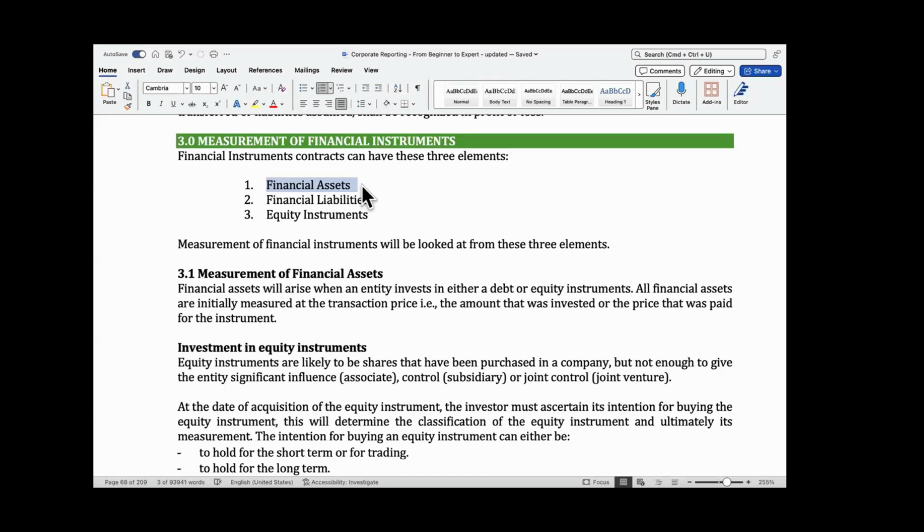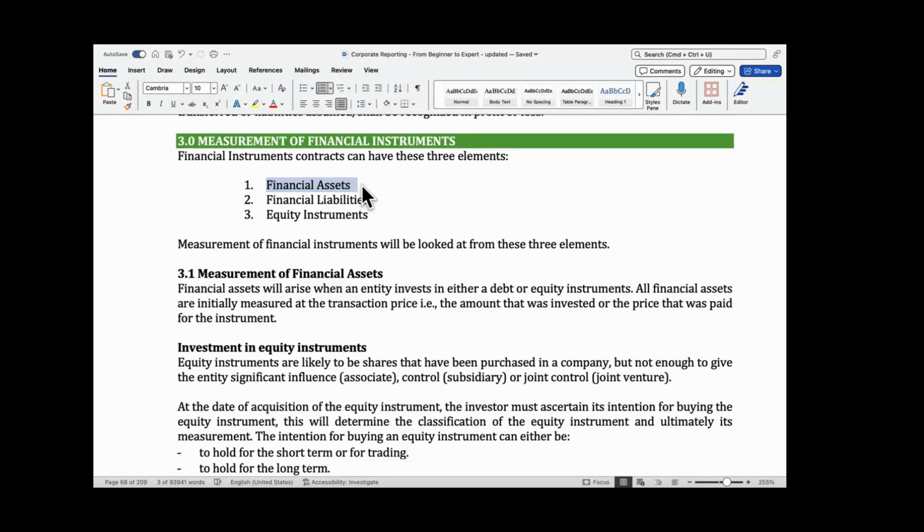The first thing I mentioned is that all financial assets are initially measured at transaction price. You need to know it by heart that the amount you invested is how much you are going to record in your books. That is what we call transaction price, for all financial assets.